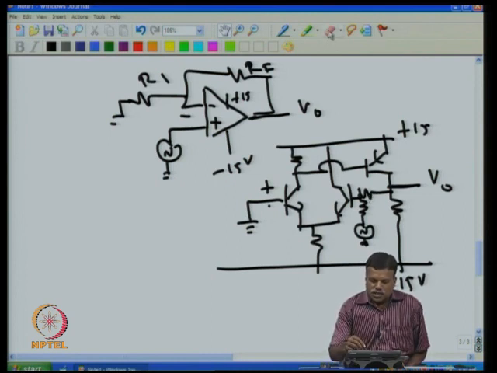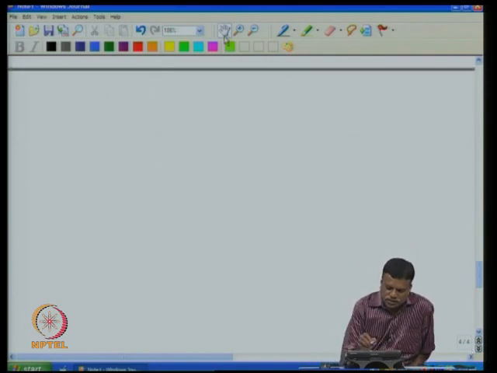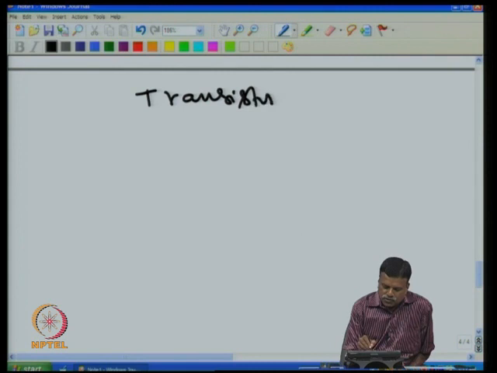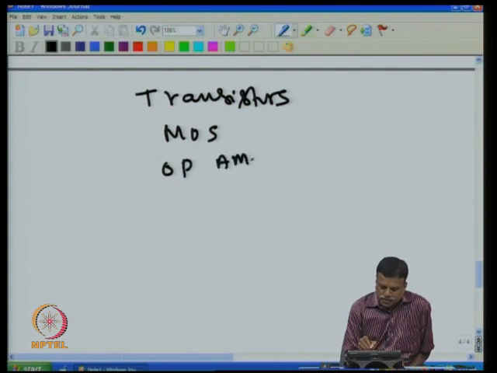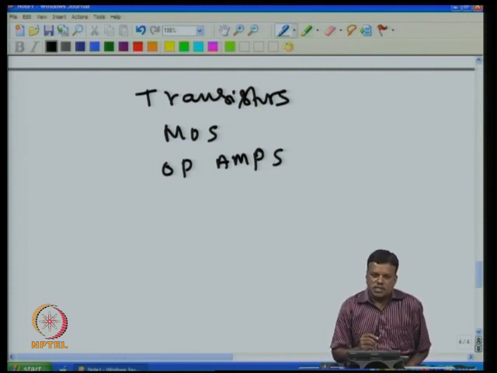Because if you look at today's actual use, if you look at electronic instruments, we see a lot of transistors. We also see some MOS transistors, and we also see op amps, operational amplifiers, and then various resistors, capacitors and so on.